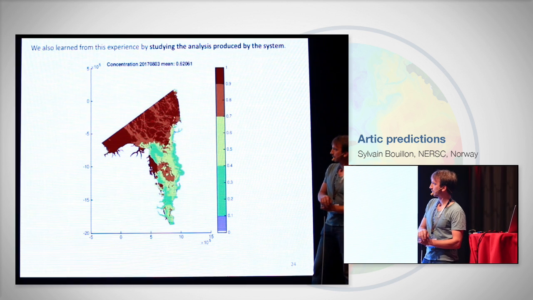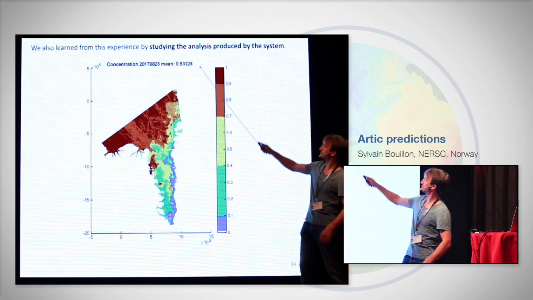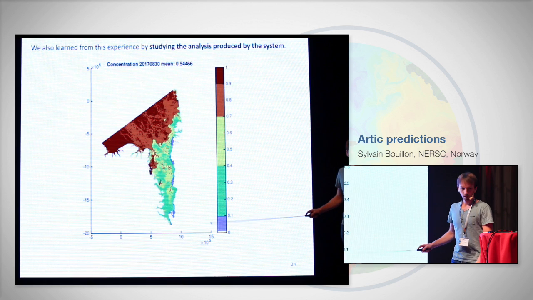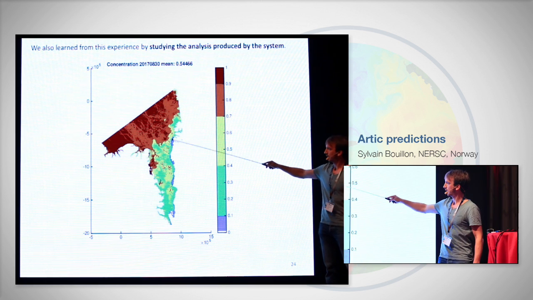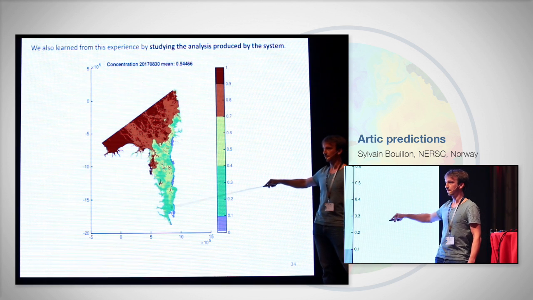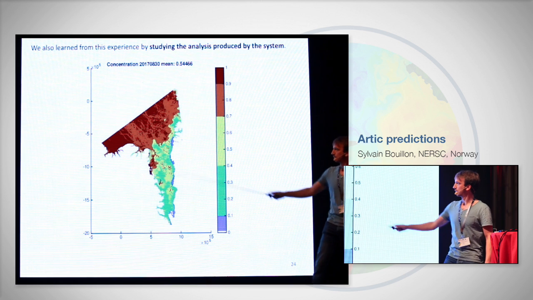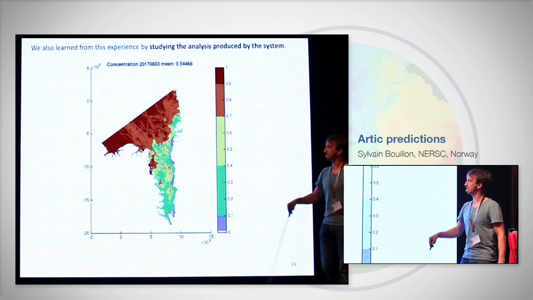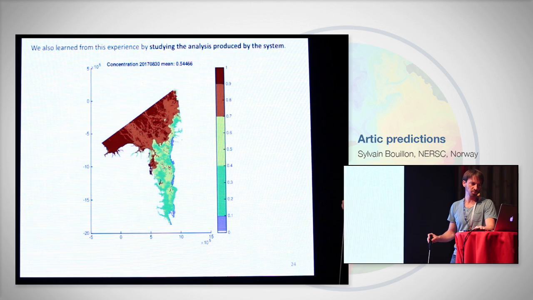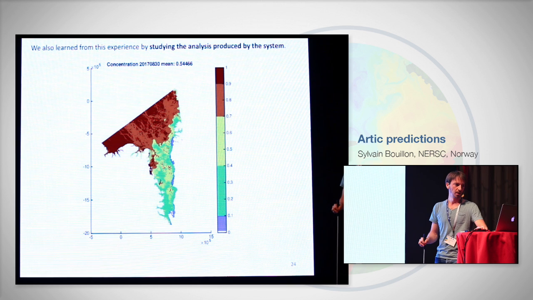That's how it evolved from July to end of June. You can see there is a large variability near the ice edge. It's moving a lot over there. You see also nice structures that are sometimes preserved by the assimilation.